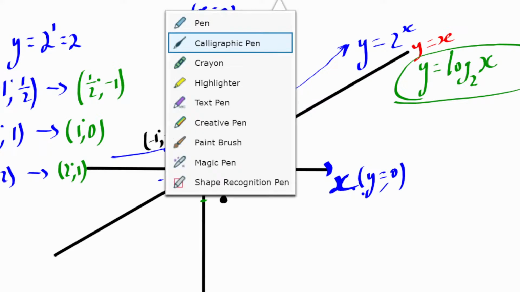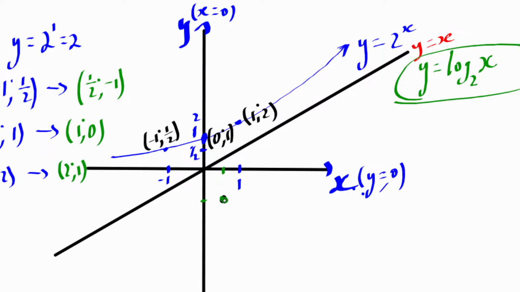Now, let's plot these points. So I've got half and negative 1. I hope it's much clearer. Then 1 and 0 is right here. It's an intercept. And then the next one that I've got is 2 and 1. So when x is 2, y is 1, like that. There it is.